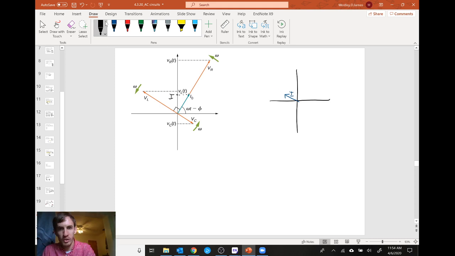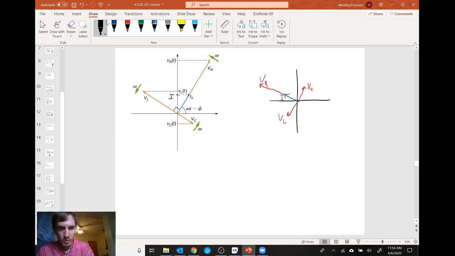The voltage for the resistor, and I'm going to use red, is right here. The voltage for the capacitor is still behind by 90 degrees, and the voltage for the inductor is still ahead by 90 degrees. And the idea here is we can just take the intercept with this y-axis, and unfortunately, I put that in the way.